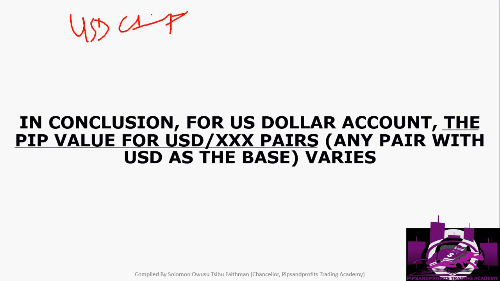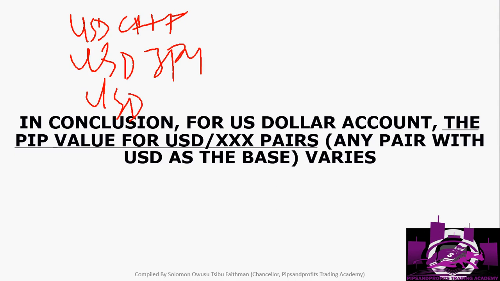CHF, USD JPY, USD... what is left? USD CAD. Now, these pairs you see over here, if the base is US dollar, their value per pip is not the same.